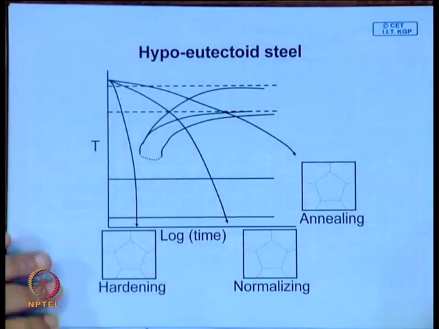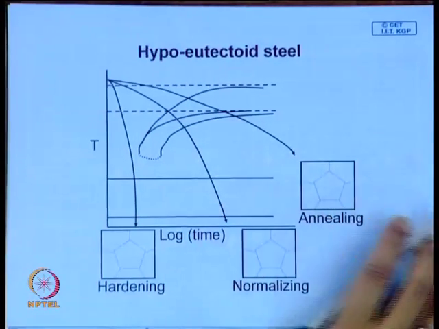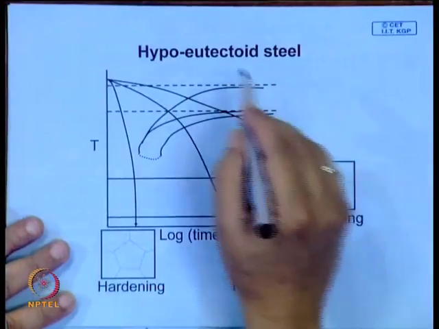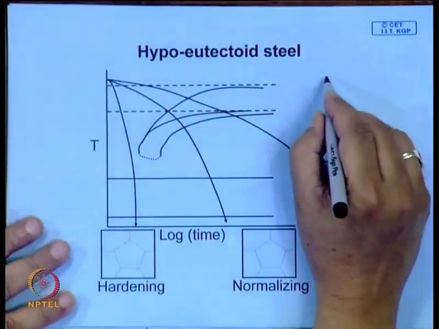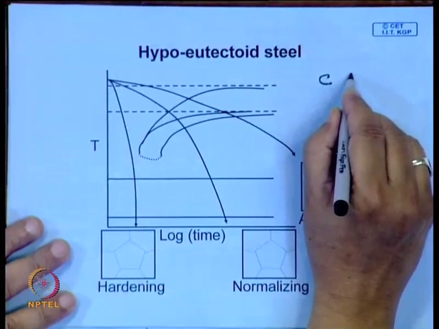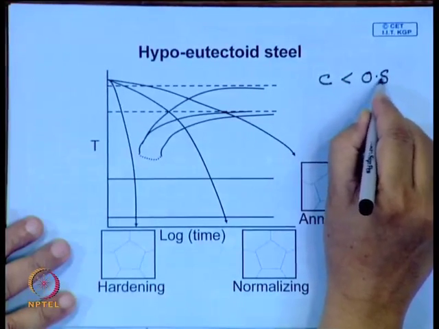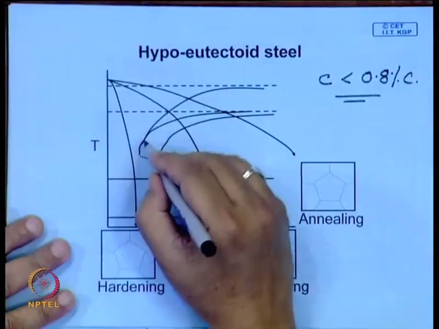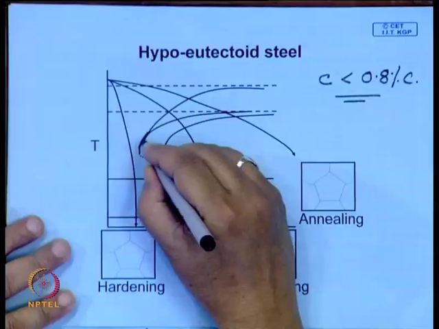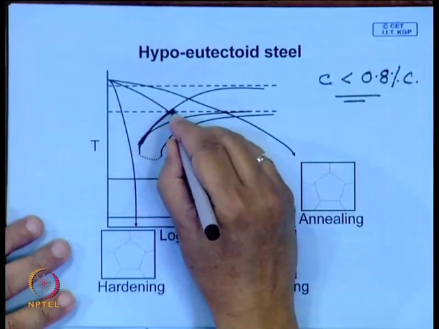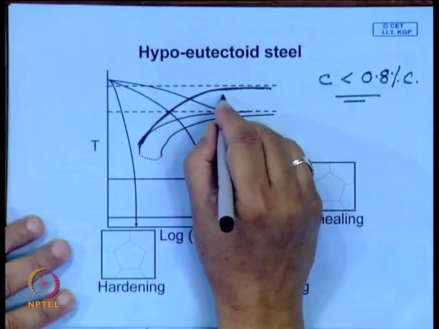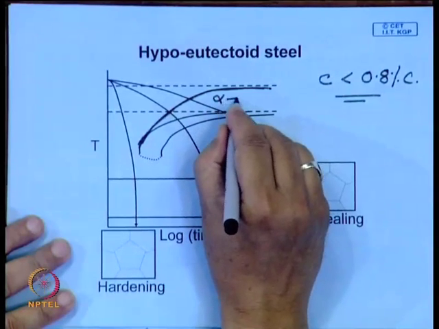Look at this now. Having done that, let us now look at the heat treatment of hypo-eutectoid steel. Hypo-eutectoid steel, if you know, means the carbon content is less than the eutectoid composition, which is around 0.8% carbon. And in the typical CCT diagram, if you recollect, there will be an additional line here which will represent the start of precipitation of pro-eutectoid ferrite.